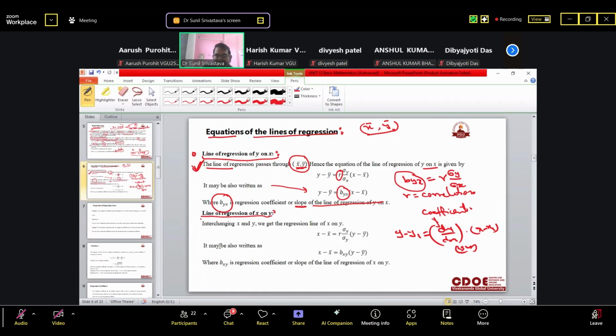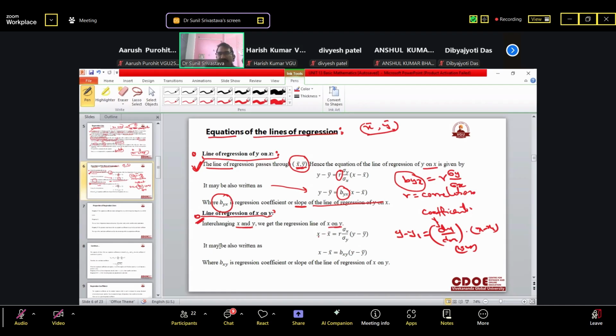Similarly, the line of regression x on y. Here x becomes y and y becomes x, so interchanging x and y, we get the regression line x on y.